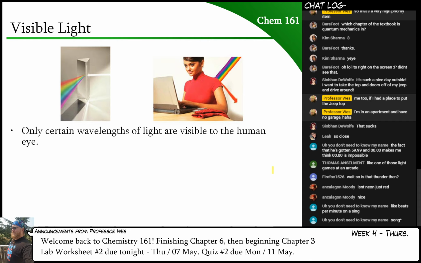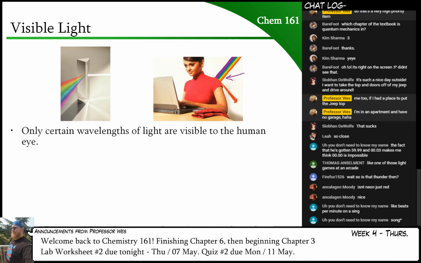Now, what light can we perceive? There's all sorts of light out there. In fact, some of it's hitting you right now. This poor woman being attacked by a rainbow. The light will hit random surfaces and substances, and things will happen to it. So we need to understand what we are observing to understand what's going on.